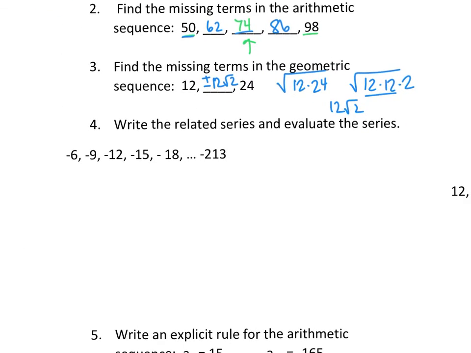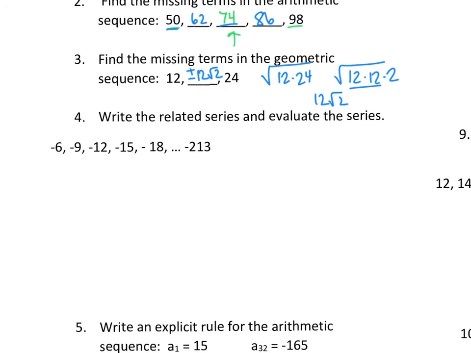Okay, number 4, write the related series and evaluate the series. So to write the related series, what that means is it doesn't read whether it's summation notation or not, so I'm just going to write it out that it needs to add them.